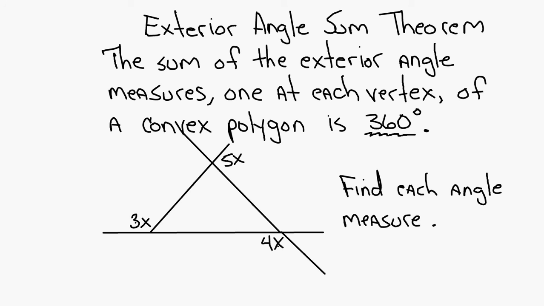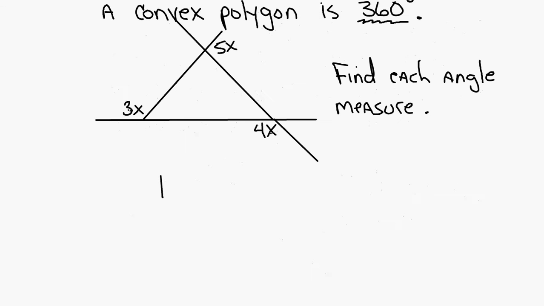So what's 3x plus 4x? 7x plus 5 more x. So 12x equals 360. If you divide each side by 12, then x, or your multiplier, is equal to 30.